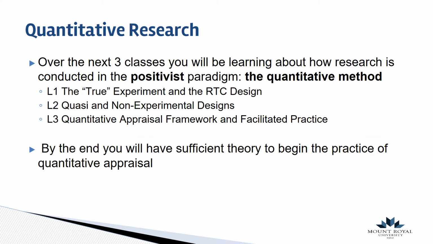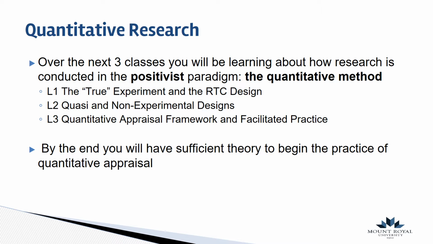So how the course is set up is that over these next three classes, you'll be learning about how research is conducted in this positivist paradigm, the quantitative method. And as I mentioned, we're going to look at three different main types: the true experiment, or the randomized controlled trial, or randomized design.